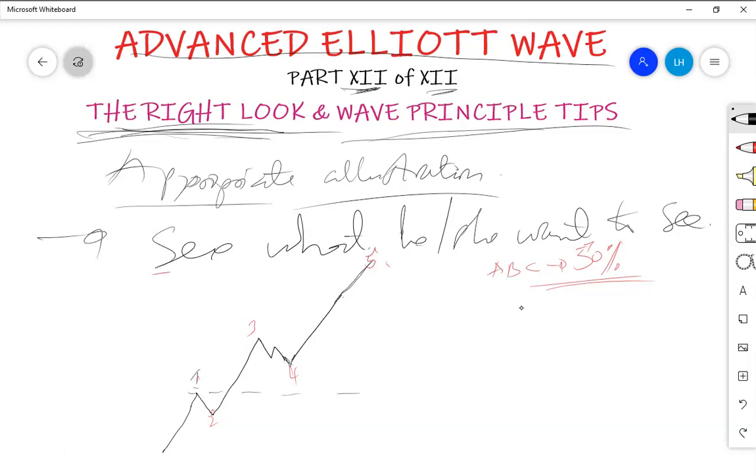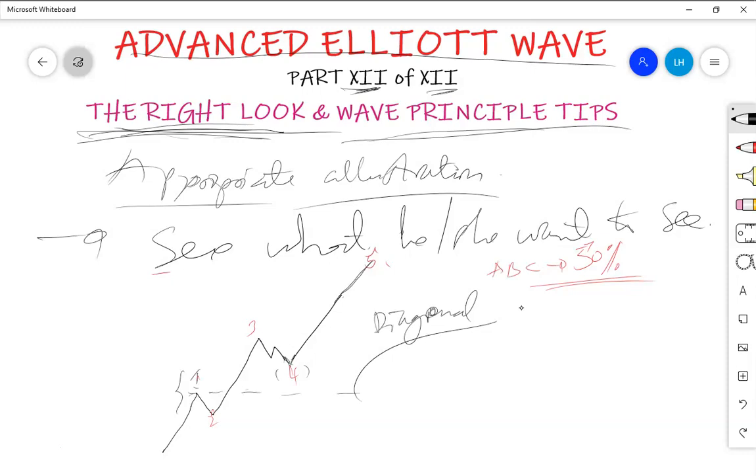So now we have an exception, a special case, and this is in diagonals. I'm sure you know what diagonals are, and I already presented about diagonals. So the exception will be in diagonals, whereby the fourth wave may retrace and enter into the price territory of the first wave.